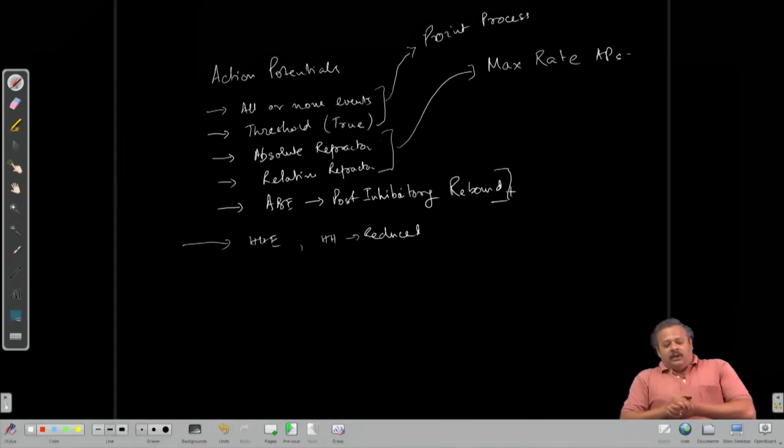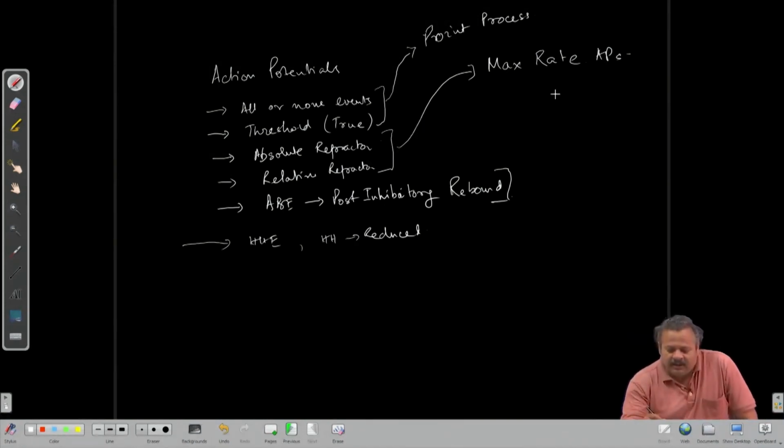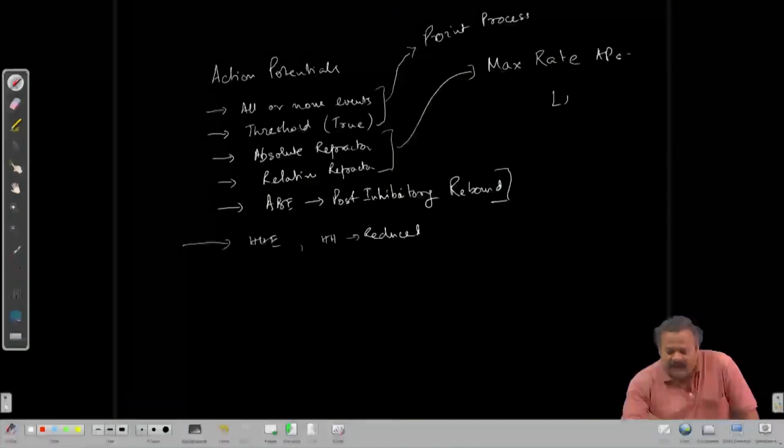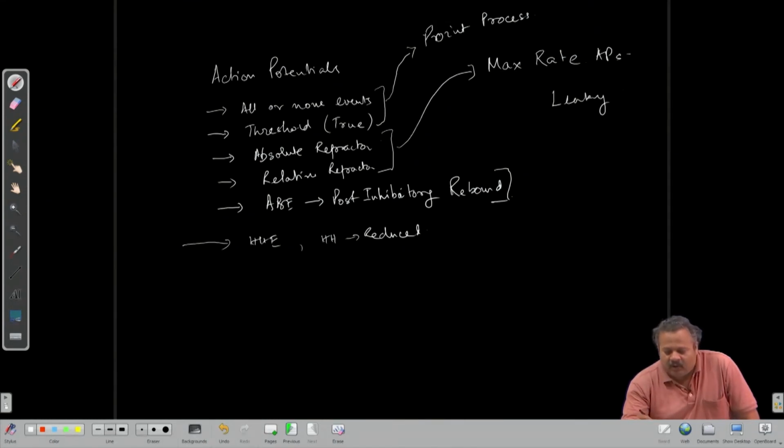So for example, if you think about the action potential process, the M, H and N, if we remove that from the Hodgkin-Huxley equations, we had already discussed that, which is the leaky integrate and fire model.